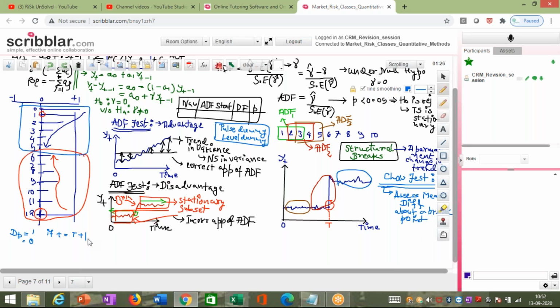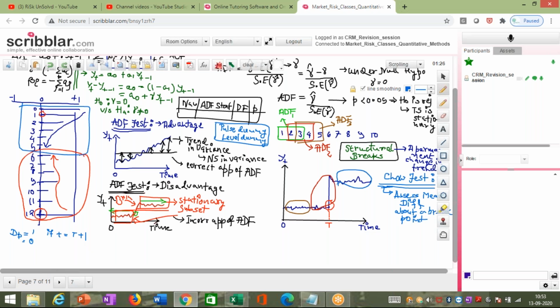The Chow test will say there is a mean for all the values, and the second is that there is this shift. If the two means are not very different, before and after the increase, then that is not a structural break. If it was a structural break, both these means would have been very different.